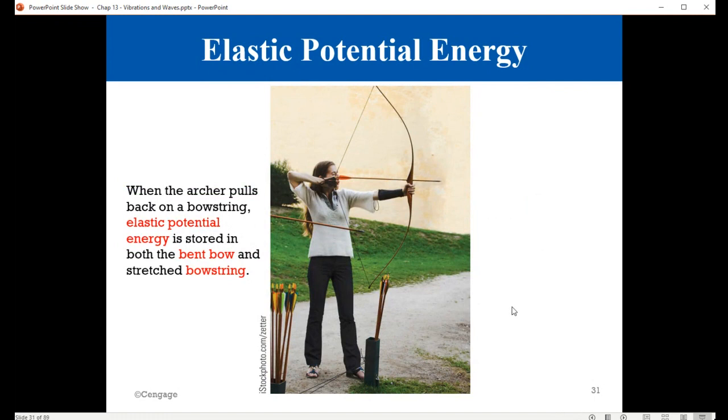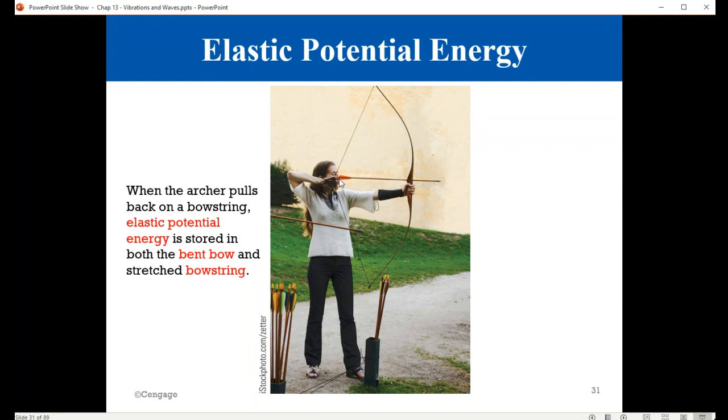This is another example. When the archer pulls back on the bowstring, the elastic potential energy is being stored here in both the bent bow and the stretched bowstring.